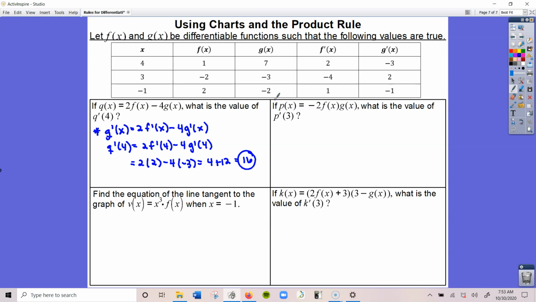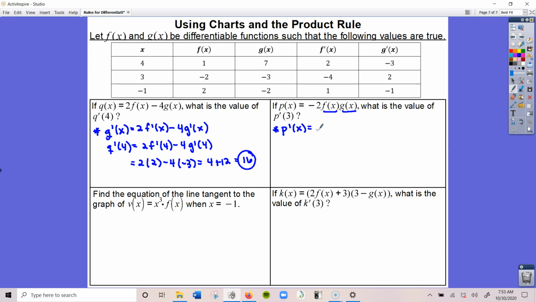Now, this next one reads, if p of x is equal to negative 2f of x times g of x, what is the value of p prime of 3? This is a product rule question because we have f of x times g of x. This negative 2 is just attached to that f of x, so you just tag it along. You don't really do anything with that negative 2. So first we're going to find p prime of x.